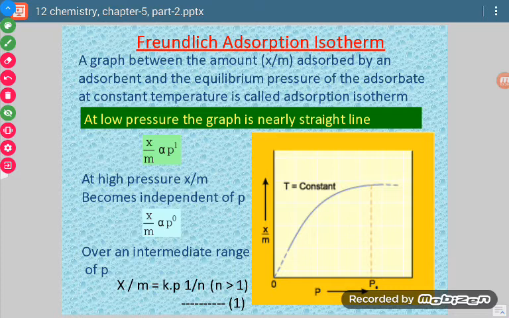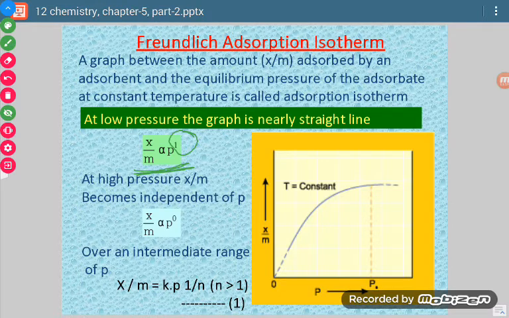Now from this graph, what was the first observation? At low pressure, we get almost a straight line, so x by m is directly proportional to p. Or we can say that extent of adsorption depends on the first power of p.